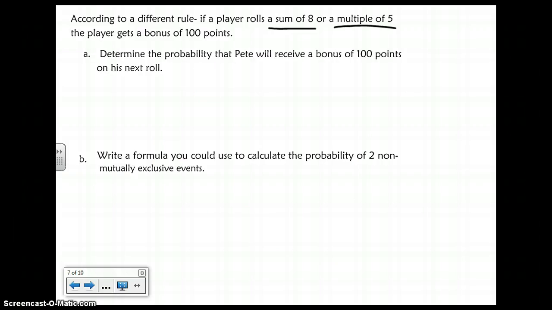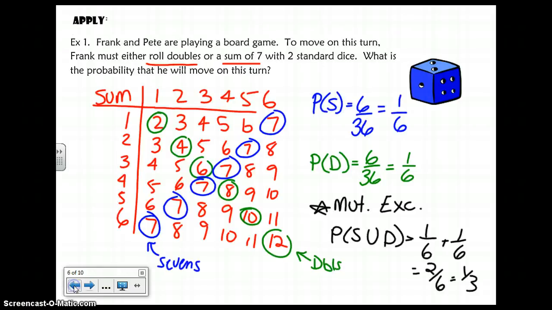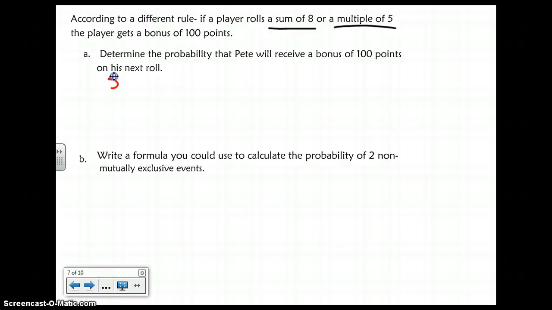So to find if Pete will receive a bonus on his next roll, let's go back to this and look at all the sums of 8. So this time I'm going to put squares around the sums of 8. So there's 1, 2, 3, 4, 5 out of 36 would be the probability of getting the sum of 8.